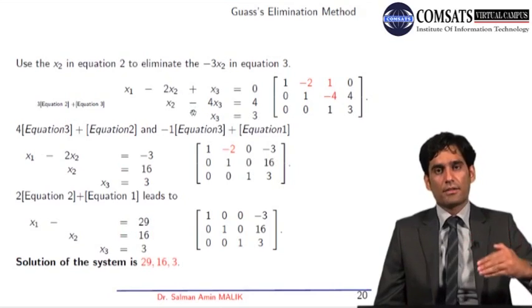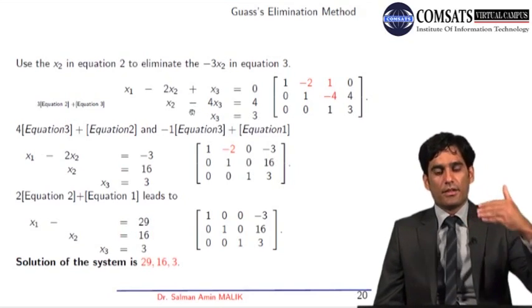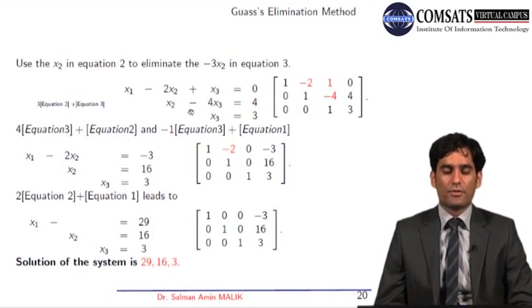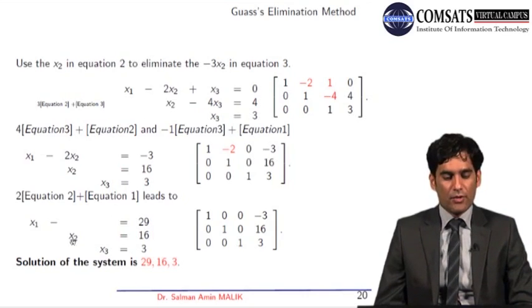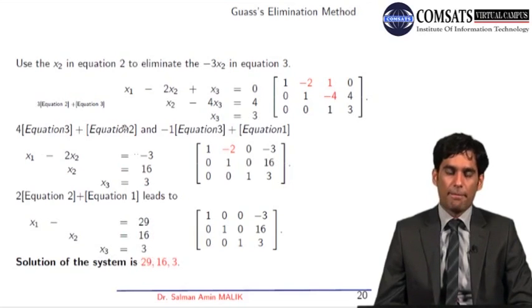We are putting back the values of the variables in the other equations for getting the values of the preceding variables. By making these red entries 0 in the system of linear equations, we directly have the solution, which is x1 equals 29, x2 equals 16, and x3 equals 13.